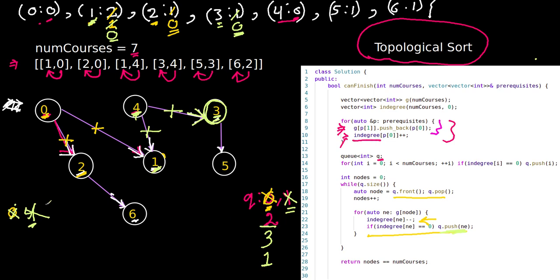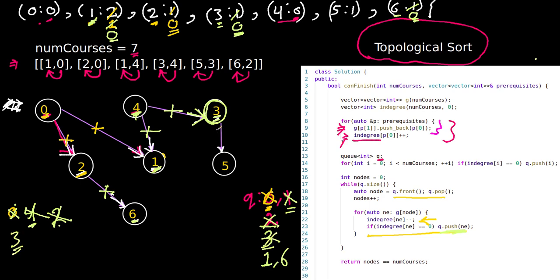Next is node 2. Node 2's neighbor is 6. The in-degree of 6 is 1, and 1 minus 1 is 0, so we push it to the queue. We are done with node 2, so we remove this edge. Next is node 3.